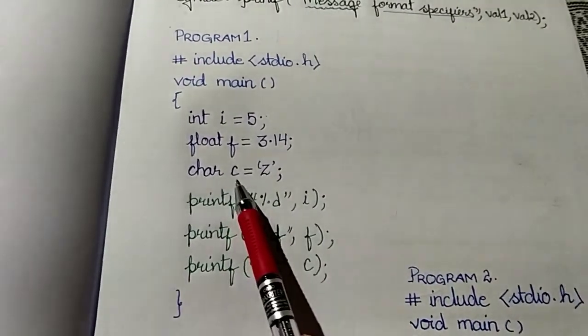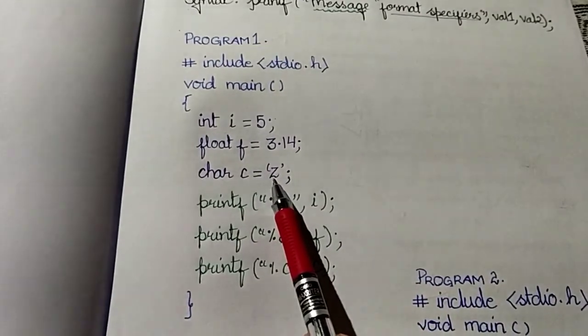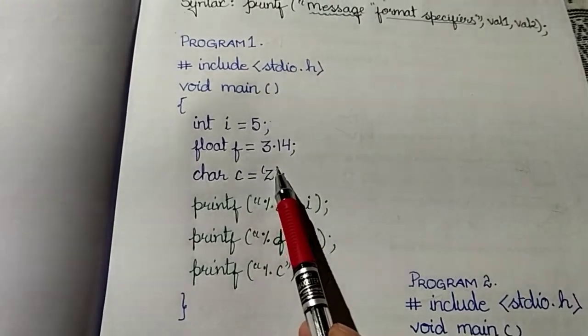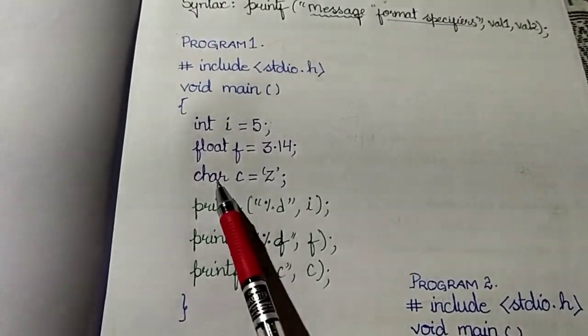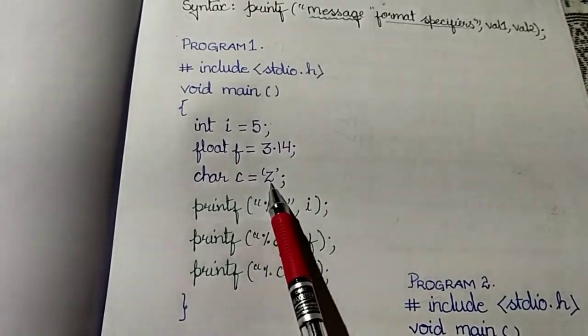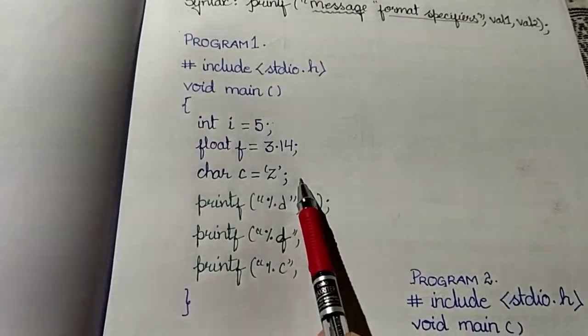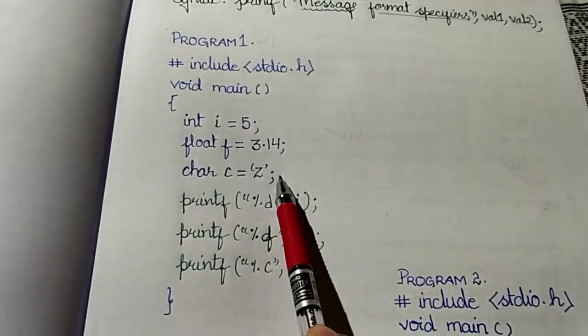Then in the third variable c, I want to store the value z, and because it is a character, remember it should be inside single quotation. Therefore I declare char c is equal to 'z' inside single quotation and semicolon, end of statement. So here I finished declaring my 3 variables.